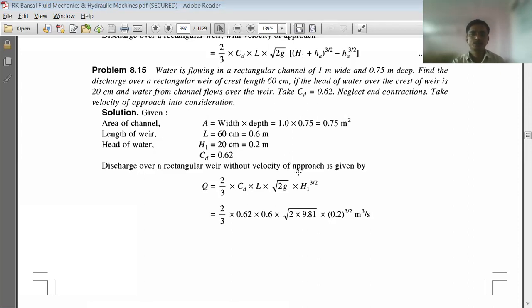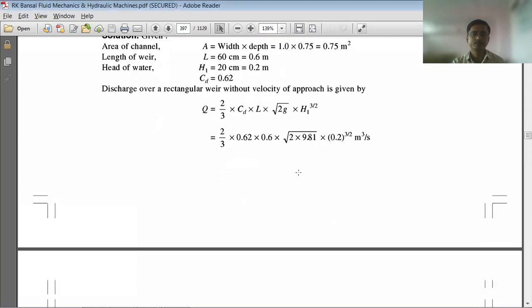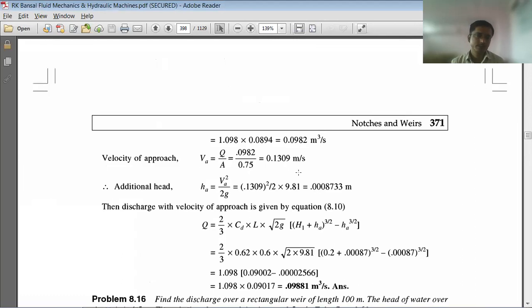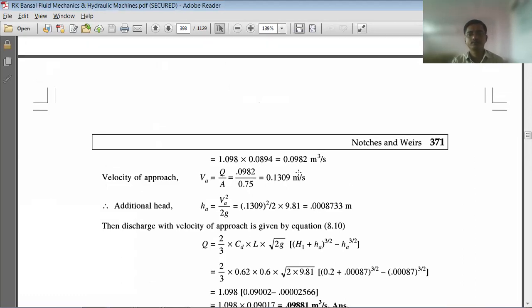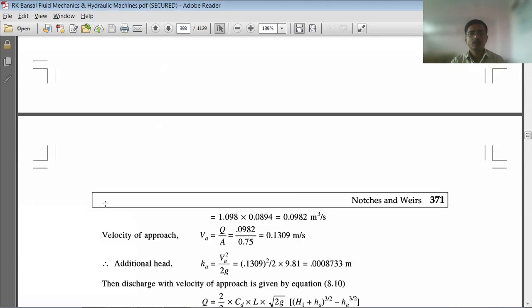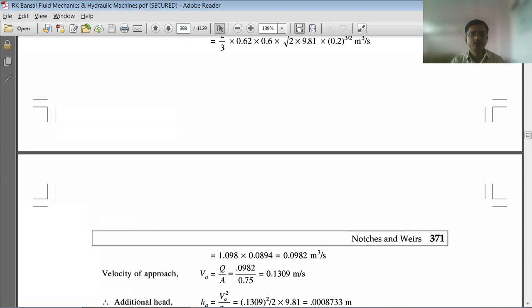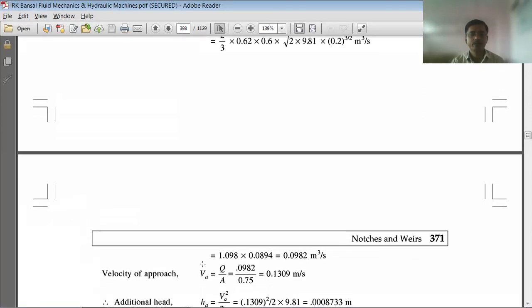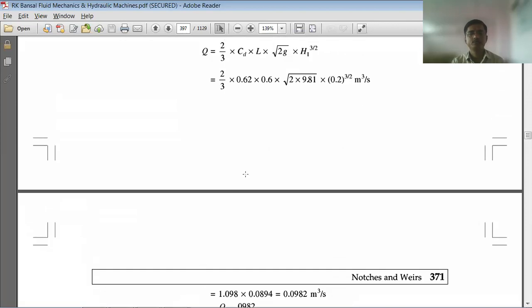Okay, let us check who is right. Somewhere a mistake has been made. The discharge is 0.0982. Now, after getting the discharge, what is our next step? To find out the velocity of approach. So find out the VA and tell me the value.